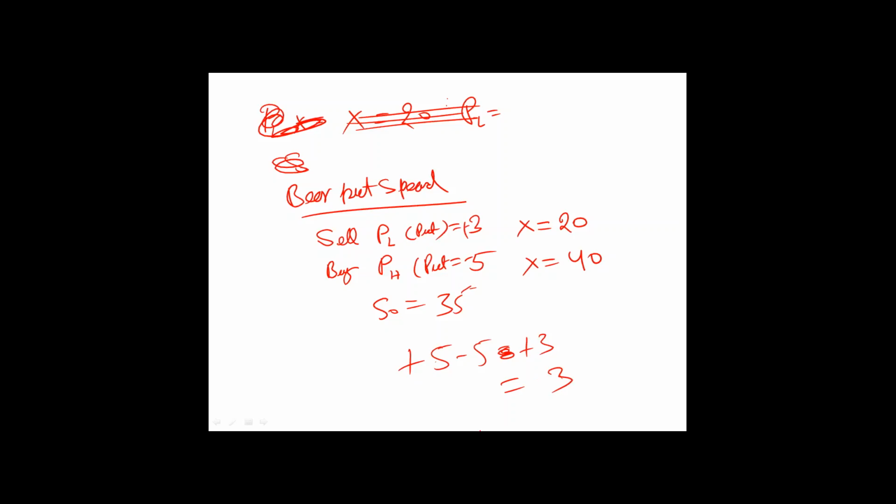So if price goes anything below 40, let's say it goes to 30, or let's say it goes to 25, in that situation you receive 15. You pay premium from put 5 and you receive premium from the lower put, which is 3, so you have more profit. So this is a bear put spread.